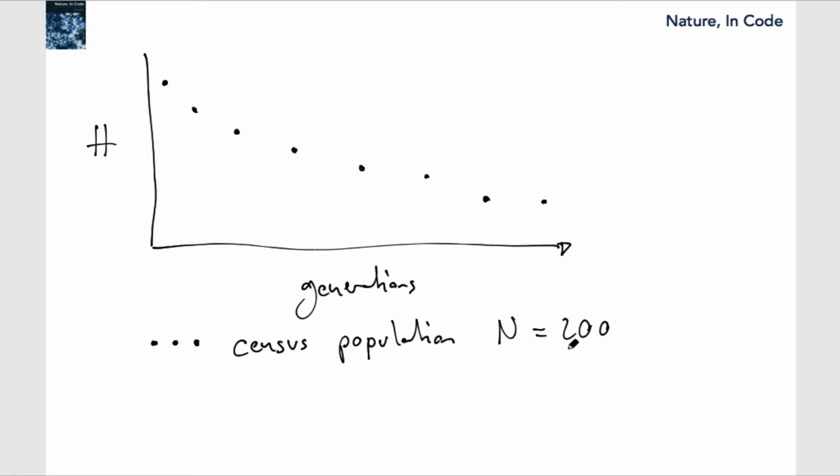You say, I have 200 individuals, and I learned about these formulas to understand the genetic drift effect of populations of size 200. So you plug this number into the formula that we just developed, and you would see maybe something like this. I'm just going to use a red line here.